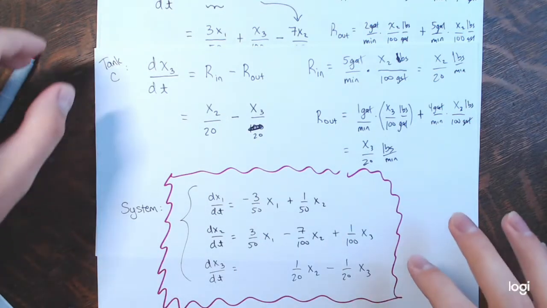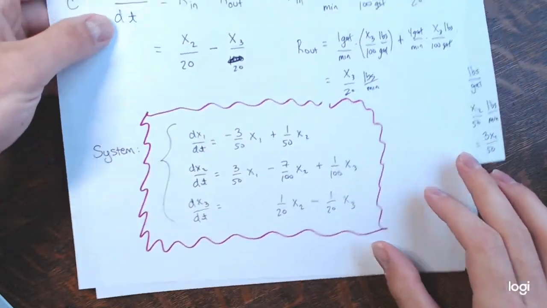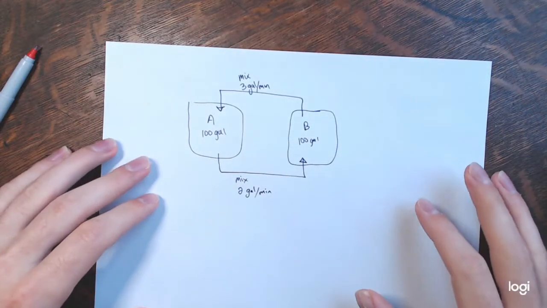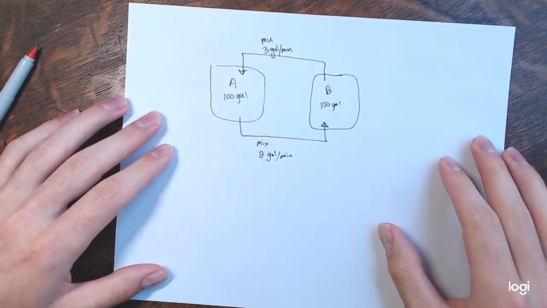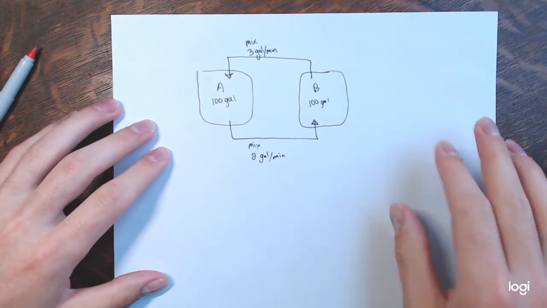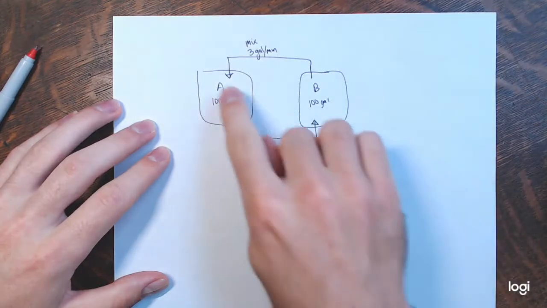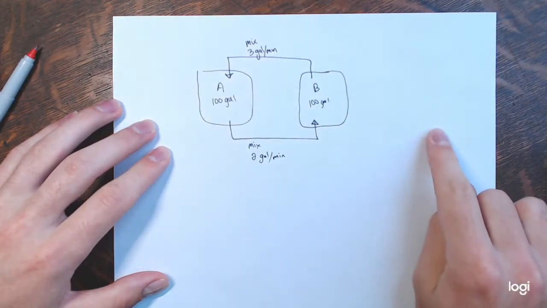Then I just wanted to go over one more problem that might be a little more involved, but we'll see what you think of it. And it involves this drawing. It's only a 2-tank problem. But notice in this 2-tank problem, nothing's being introduced from the outside and nothing's exiting the system of tanks.